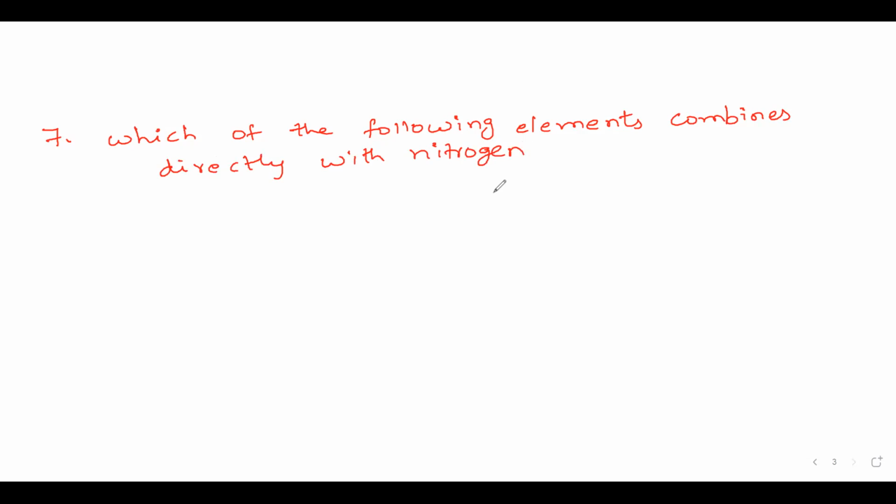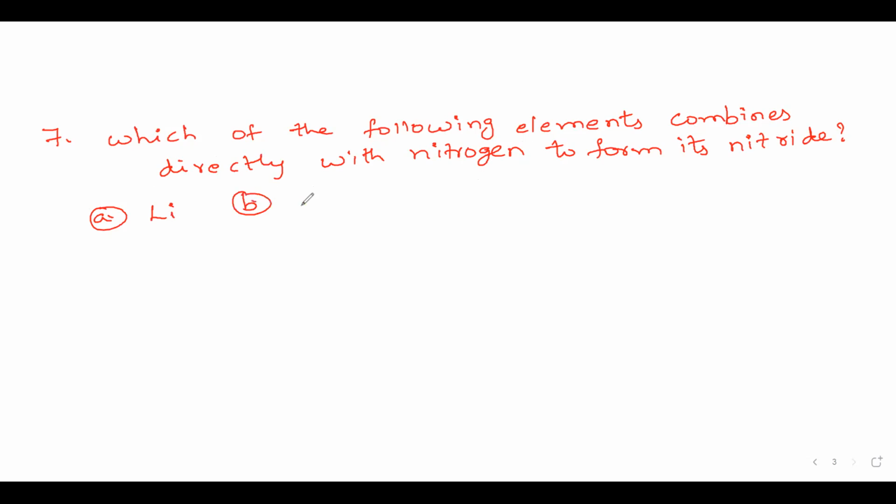Which of the following elements combines directly with nitrogen to form its nitride? It is quite simple. We know the answer. Option A is lithium.